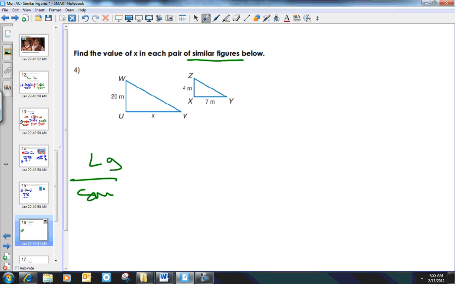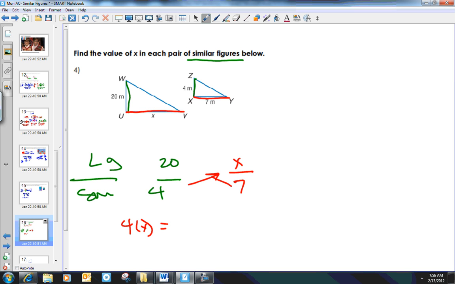So in our large figure, WU is 20. And in our small figure, ZX, the same side, is 4. Okay, the corresponding side. Now for our large figure, UV is X, and our corresponding side in the small figure, XY, is 7.